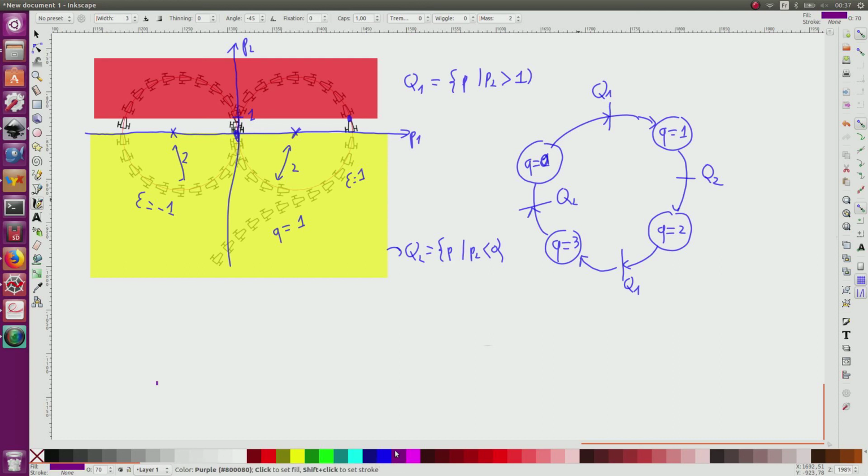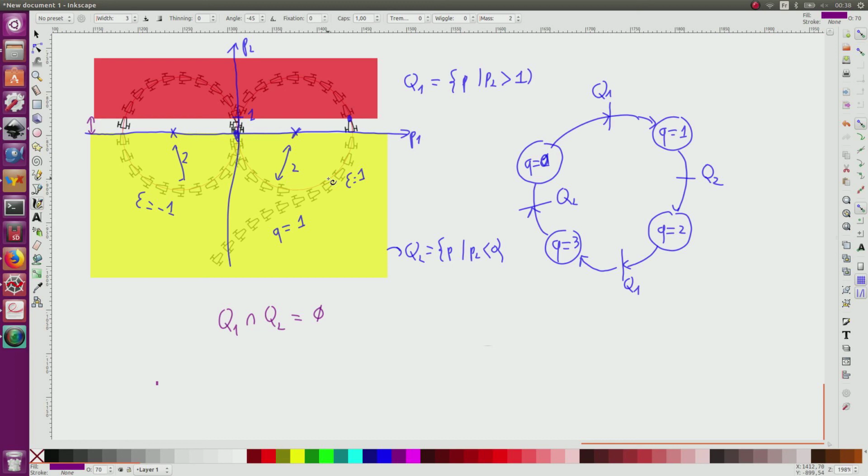It is important to understand that Q1 and Q2 have an empty intersection. So Q1 inter Q2 is equal to empty. But more than this, there exists a distance between the two of them. So it means that it is impossible to switch many times in a small interval of time between Q1 and Q2 due to this distance.